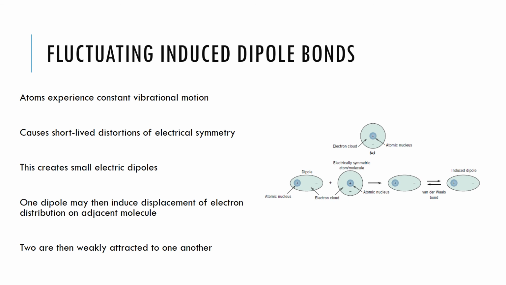If you have a concentration of electrons on one side of an atom, then it might induce a dipole in a neighbouring atom. And if it does, then they will be weakly attracted to each other. Now, when you've got assemblies of billions and billions of atoms, this can have quite a distinct effect on the arrangement of atoms and also the way in which atoms interact with one another.